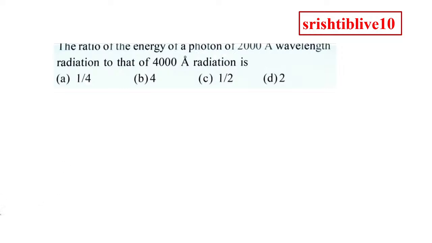Let's find out how we can solve this question. It's very simple. We need to find the ratio of energy of a photon. We have two photons and we need to find the ratio of their energy, that means energy of one photon divided by energy of the second photon.